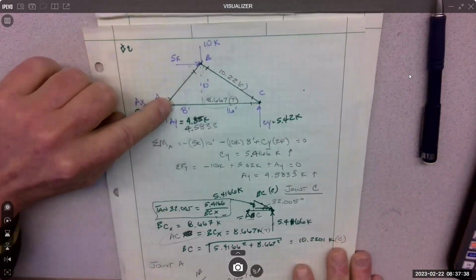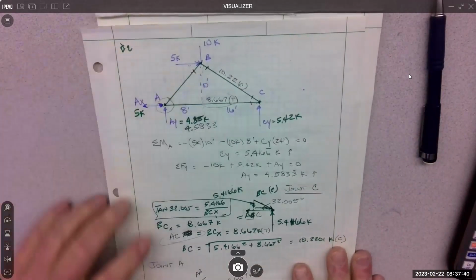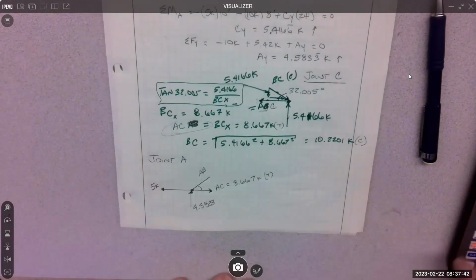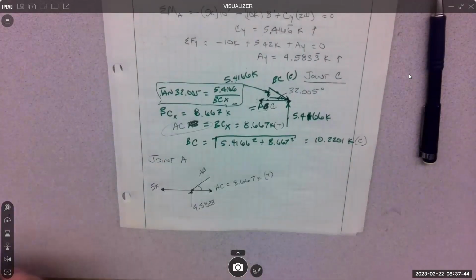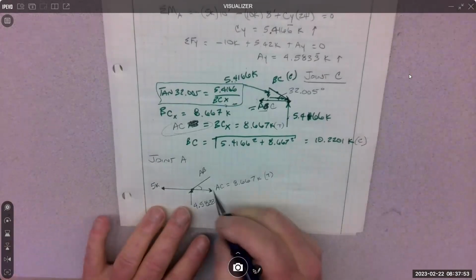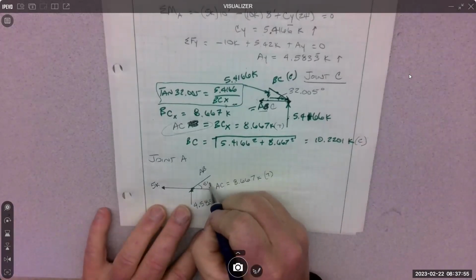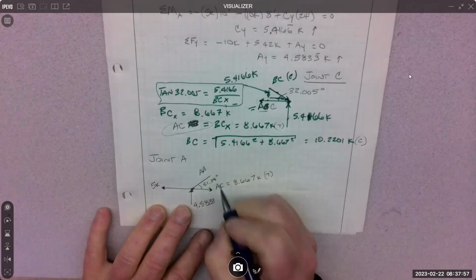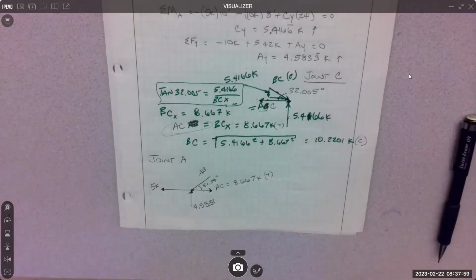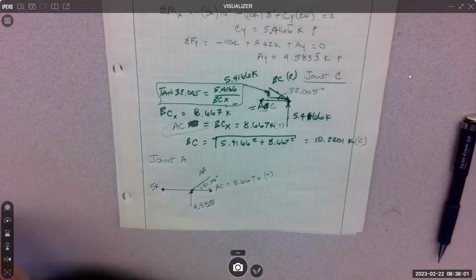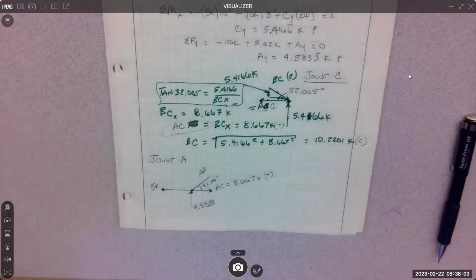Getting that angle, 10/8, opposite over adjacent. I'll let you catch up. Digest it a little.